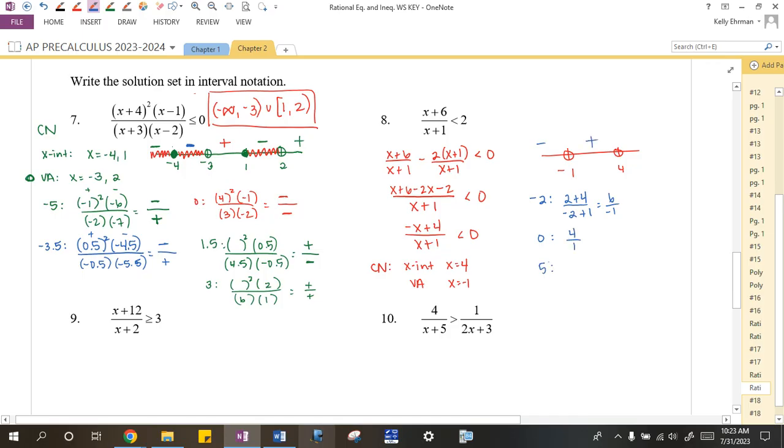Plug in 5 into negative x plus 4 over x plus 1, you get negative 5 plus 4 over 5 plus 1. That's negative. And in this problem, it was less than 0, so we want the negative sections again. And so my solution set is negative infinity to negative 1, but not including, and positive 4, not including, out to infinity.